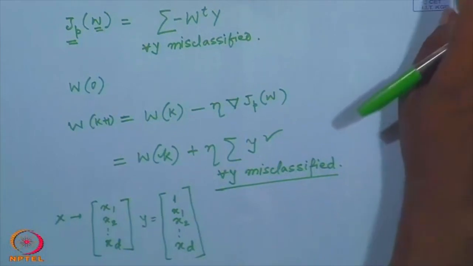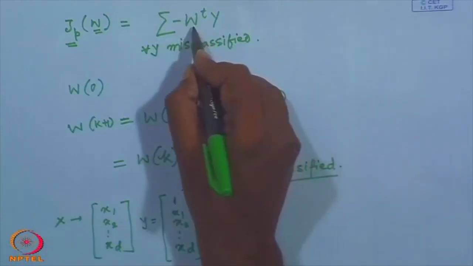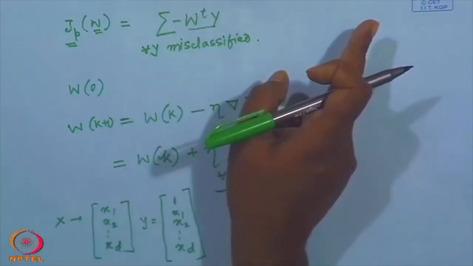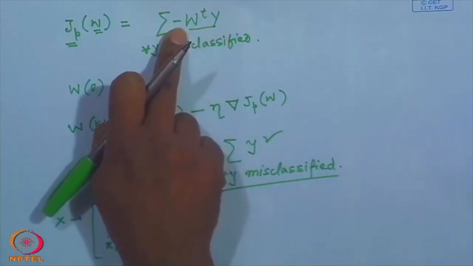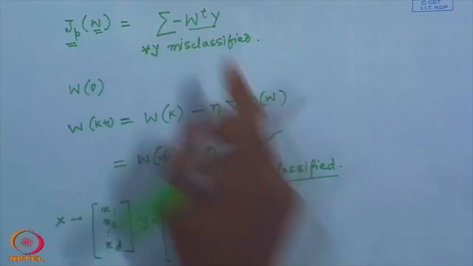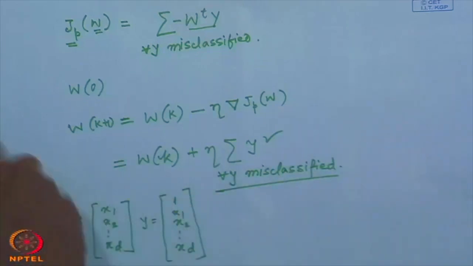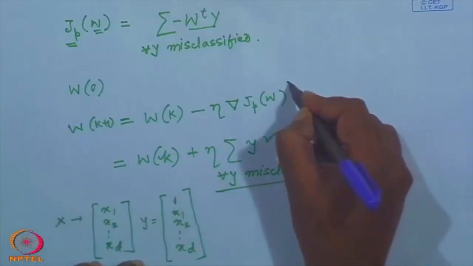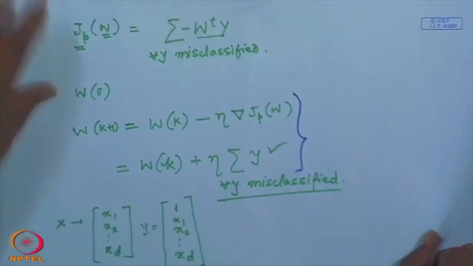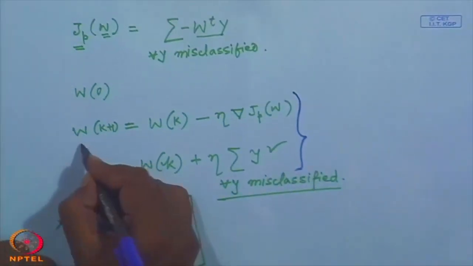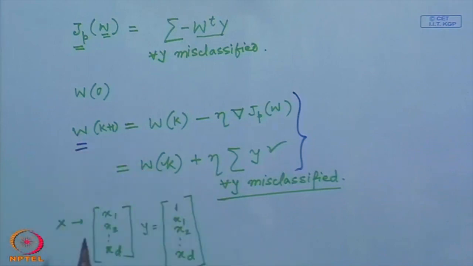Whereas, if the sample is not correctly classified, then W transpose y will be negative, making this minus W transpose y positive. Okay. And these are the iterative steps which have to be performed unless the algorithm converges. That means, unless I get a W weight vector which classifies all the training samples correctly.